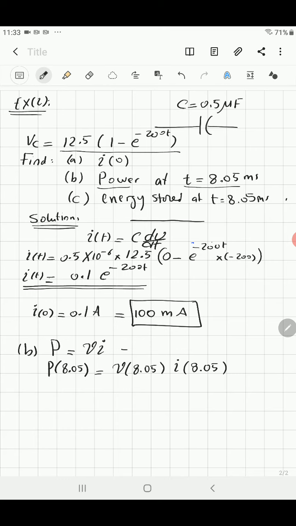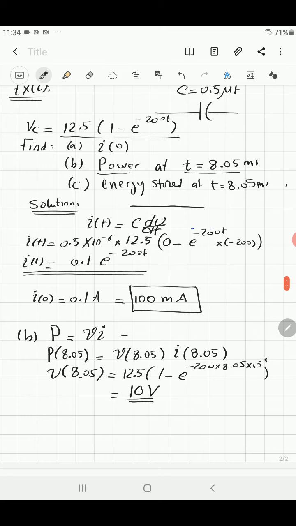So first, I want to find the voltage at 8.05 millisecond. I have the equation of the voltage here at the top. So I'll say it's equal to 12.5 times (1 minus e to the minus 200 times 8.05 times 10 to the minus 3). Do it in the calculator and you may check it. It's equal to 10 volts. So I got the voltage at this time.